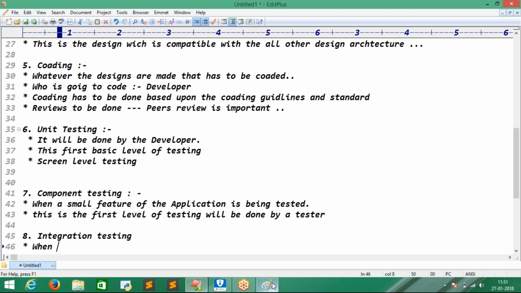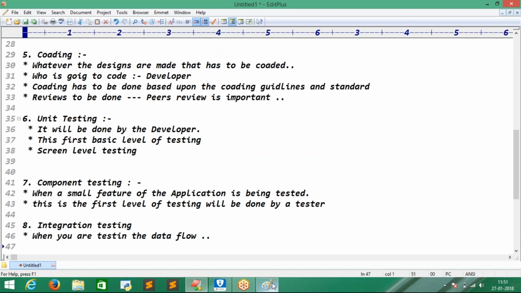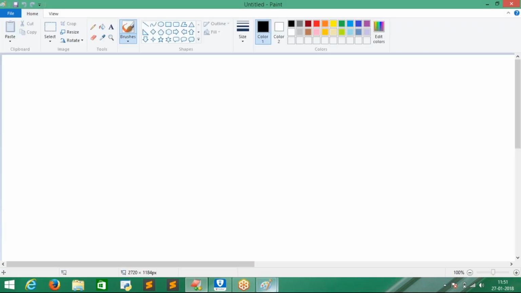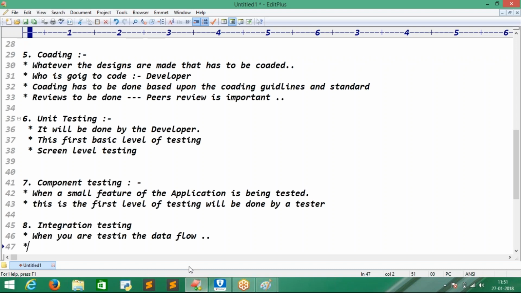When you're testing the data flow, when two or more modules are tested together, that is known as integration testing.